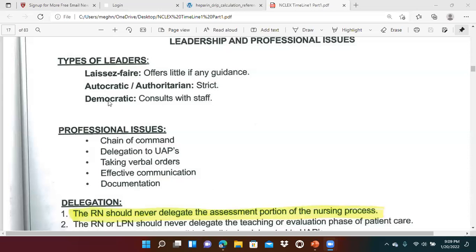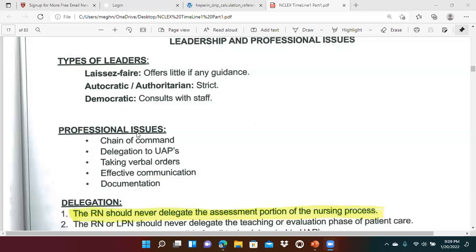Democratic leadership keeps the staff informed about everything that affects their work, and also shares the decision making and problem solving responsibilities. So consult with the staff. Like if we have a team and the team leader is an RN, she can discuss with every member.